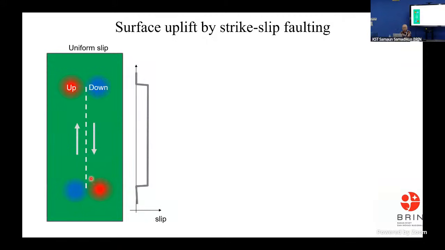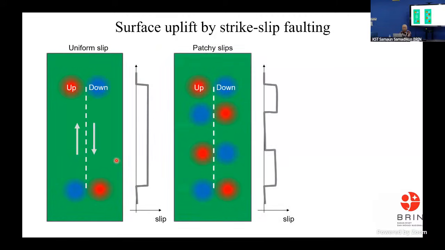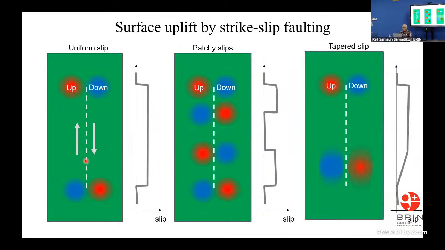So we are going to look for this uplifted region. And if there are patchy slips, then you will see many uplift centers along the fault. And if it is slowly, gradually decaying, then you see a large region of uplift.